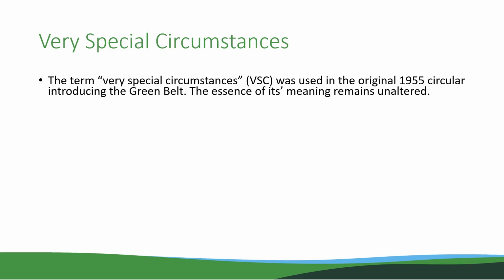It's widely agreed that the meaning remains unaltered from when it was first introduced in 1955. The 5 aims of the Green Belt must be considered and upheld. This was agreed and is often now cited in the case adjudicated by the Right Honourable Mr Justice Dove in the case Atkins versus Tunbridge City Council in 2015, where there was a challenge to the granting of a planning permission for a motocross circuit in the Green Belt.